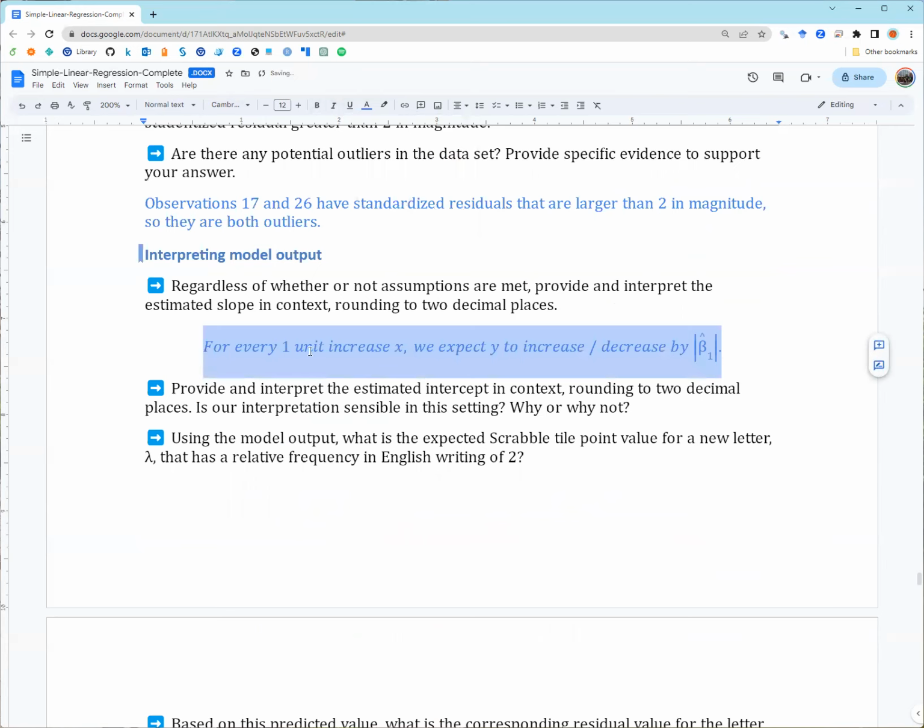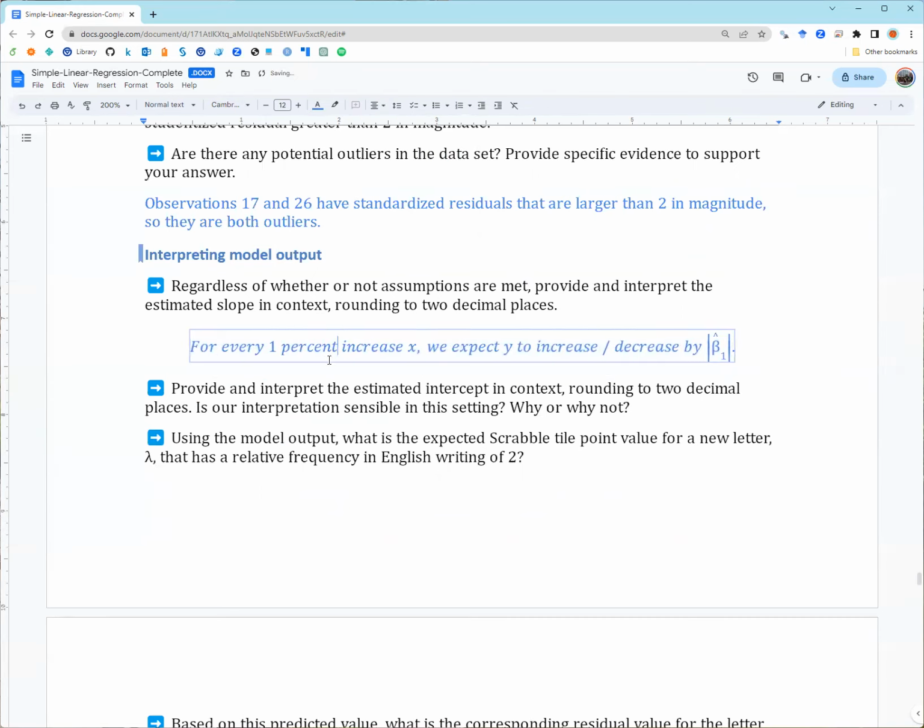Okay, so for every 1% increase in the relative frequency of a letter occurrence in English writing. It's a mouthful.